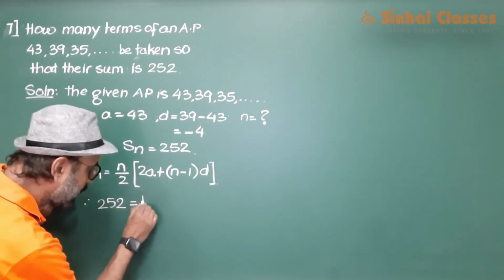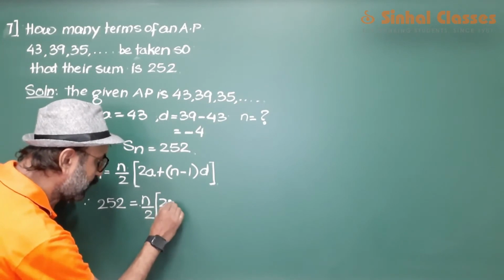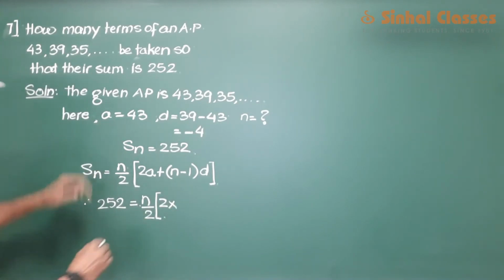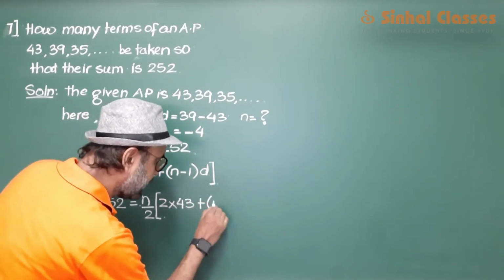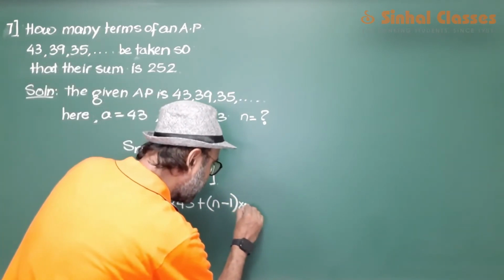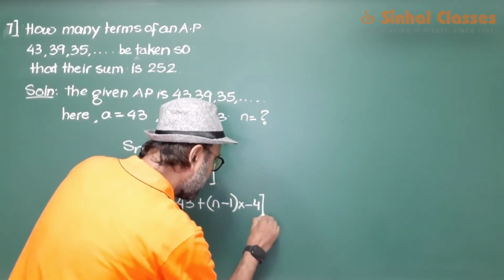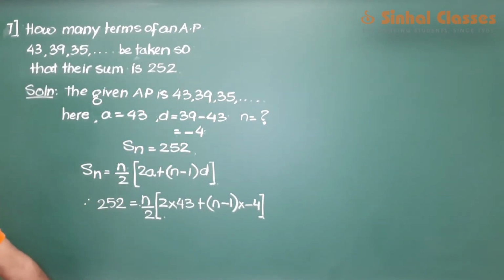N we don't know. 2a, 43, plus n minus 1 and d, which is minus 4.